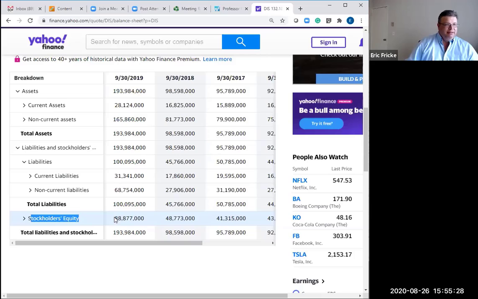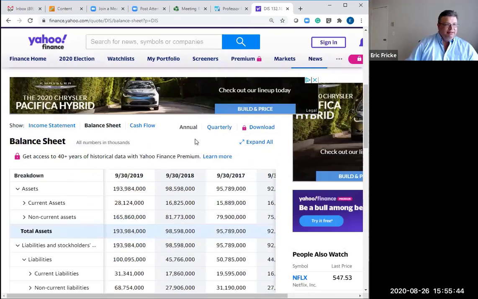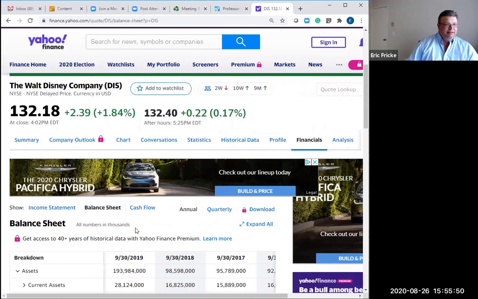So the current stockholders' equity, 88 million, that's actually going to be 88 billion dollars, because remember, all the numbers shown on here, you can tack on 3 zeros at the end. And how I know that is because if you go up to, sorry, my mouse is getting lazy, all numbers in thousands.